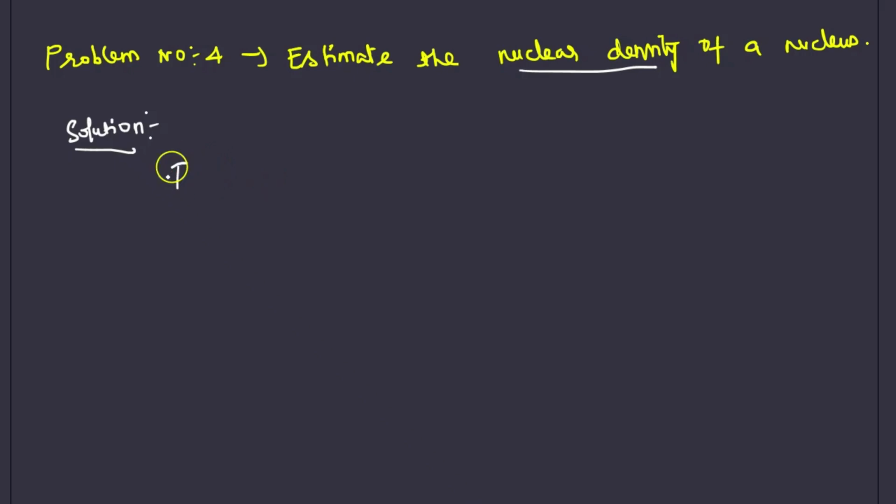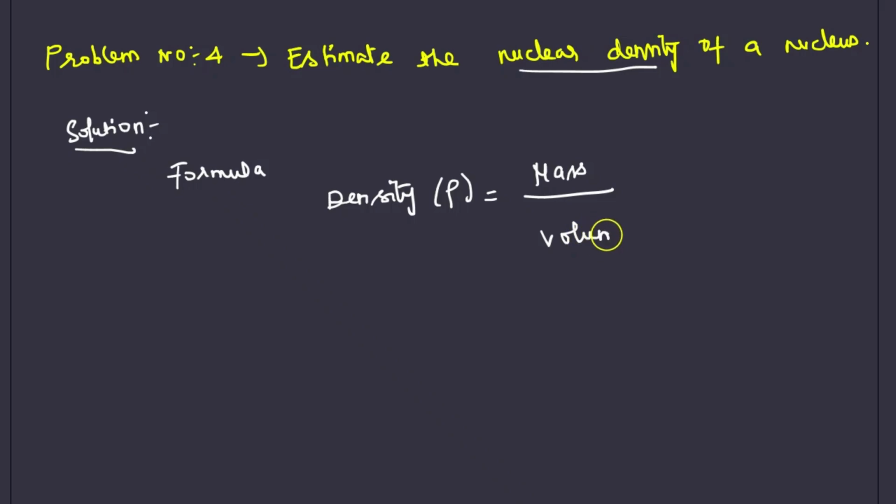So what is the formula for nuclear density? Density rho can be written as mass by volume. We know the formula: mass by 4/3 pi r naught cube.